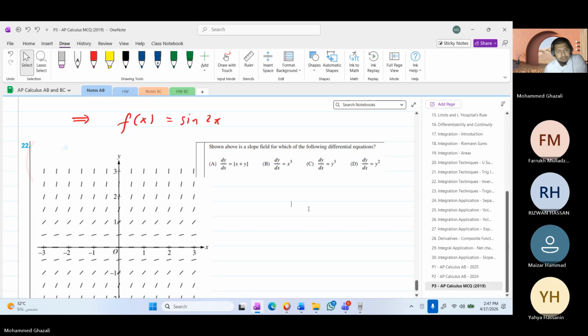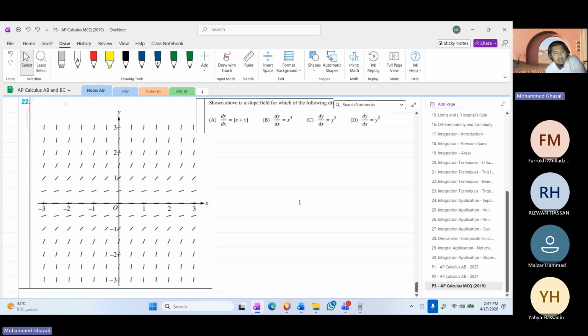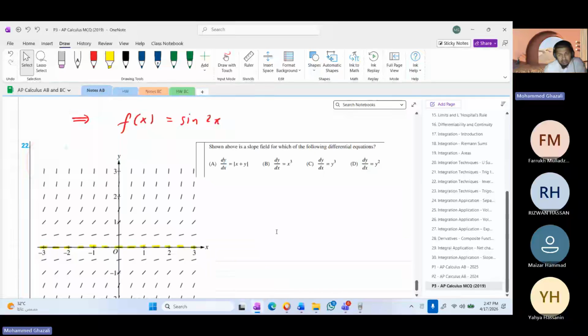Now, let's see what's happening now. Let's look at the x-axis. See, all the slopes are 0 on the x-axis, aren't they? For any value of x, the slope is always 0. So substitute any value of x here and see if you're getting a slope of 0. Let's substitute the point 1, 0.